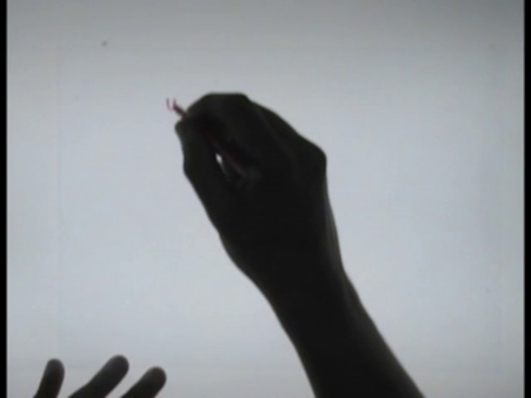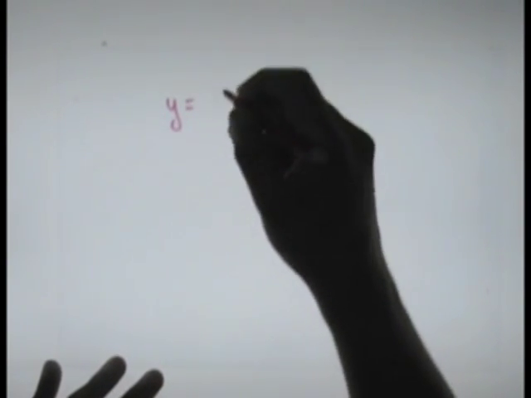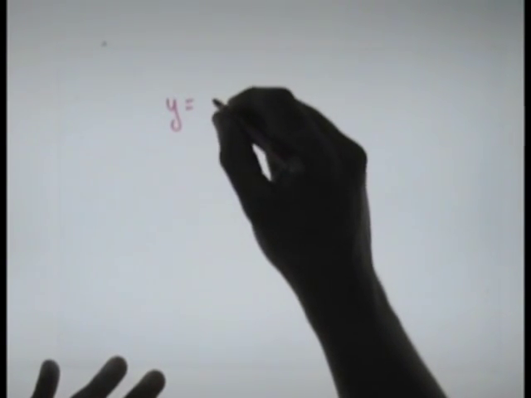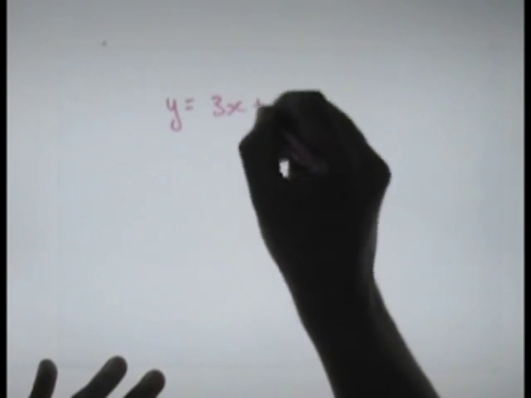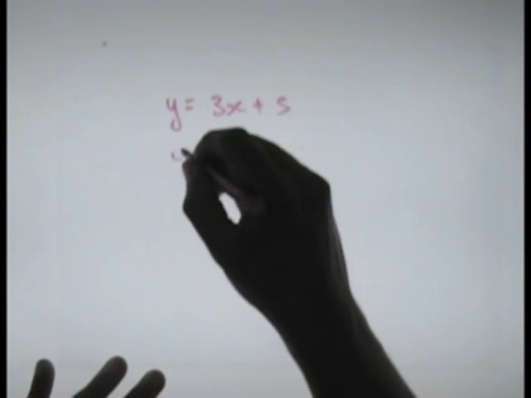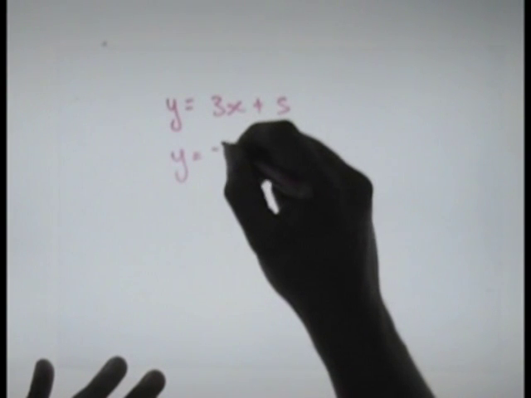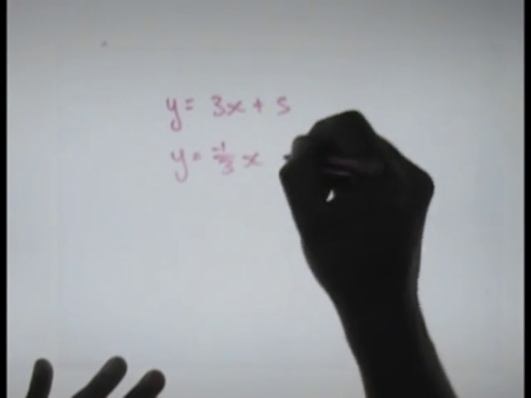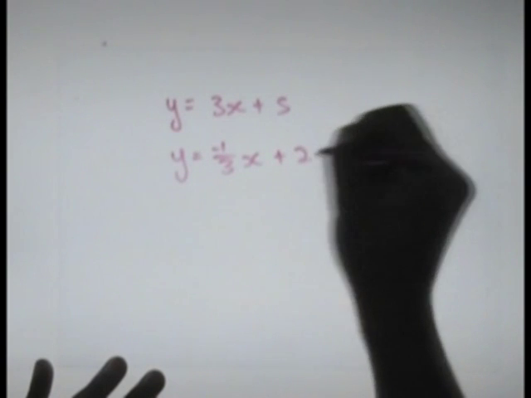Let's imagine that we've got two lines. The first line is y is equal to 3x plus 5, and the second equation is the line y is equal to -1 over 3x plus 2.